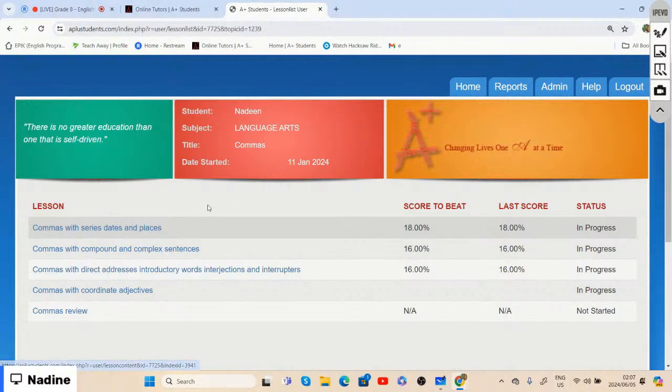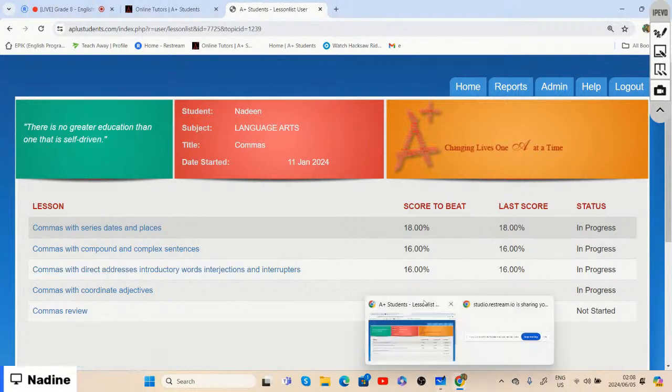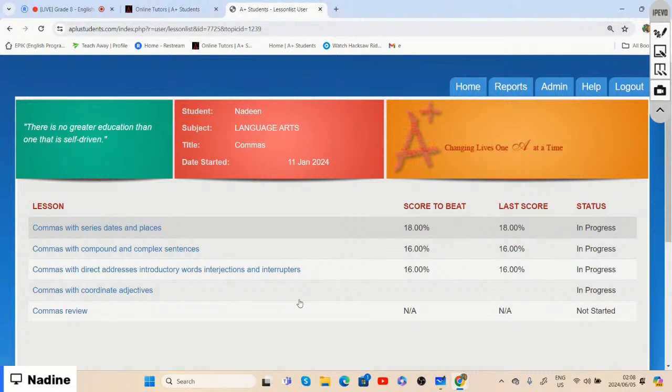And then we also had commas with compound and complex sentences, right?